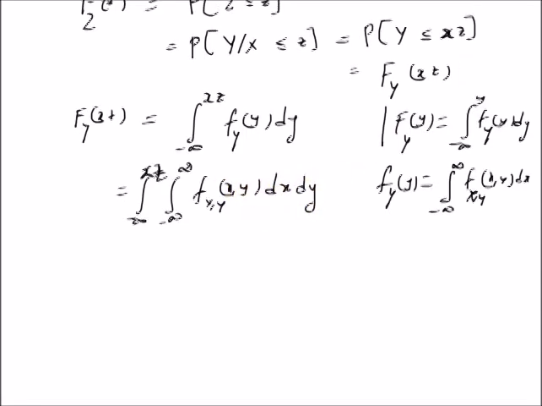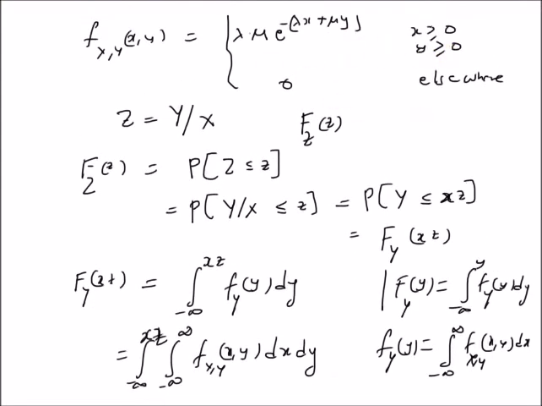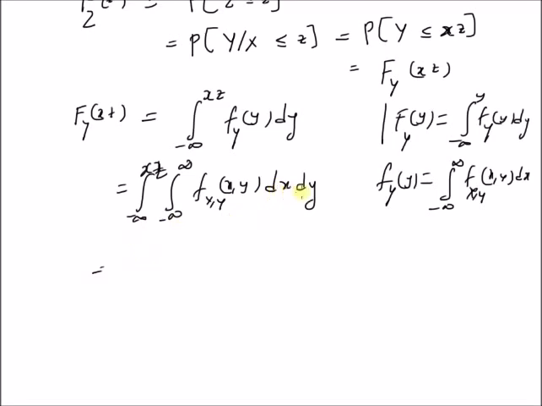But from the definition of the joint PDF, since the PDF is only valid for positive values of x and y, we have the integral from 0 to xz, integral 0 to infinity, where the joint PDF is defined as lambda into mu into e power minus (lambda x plus mu y) dx dy.